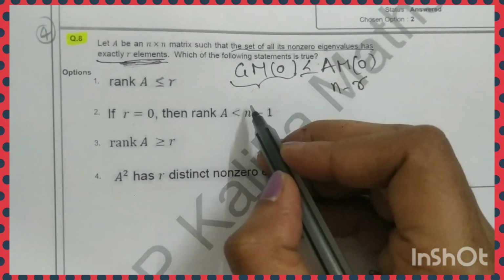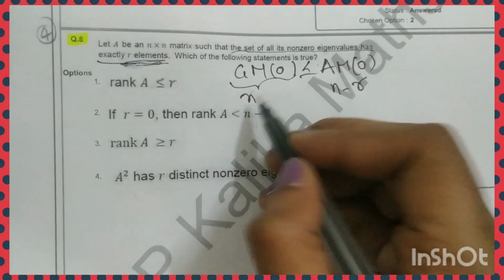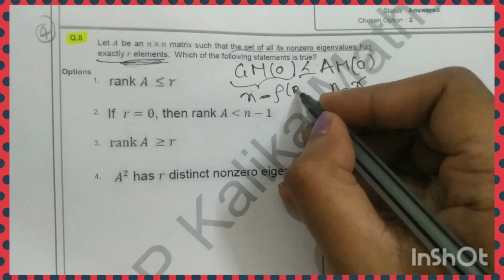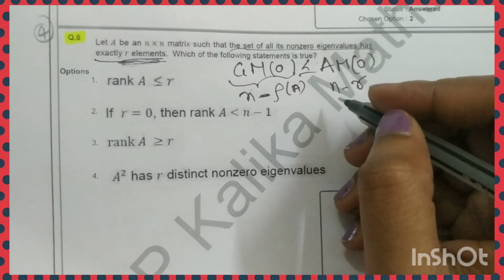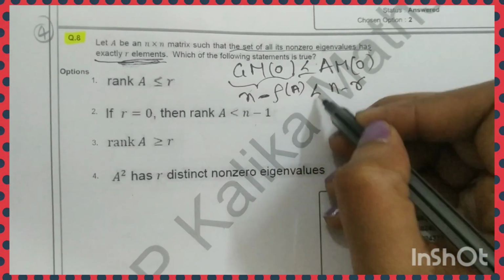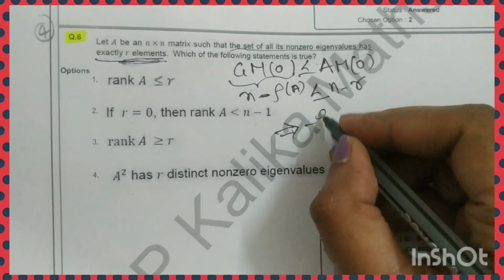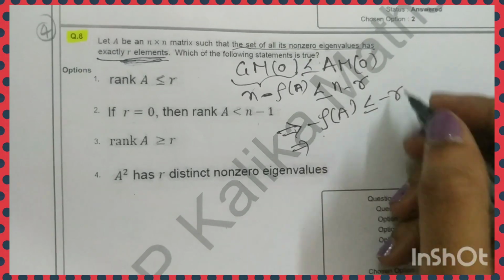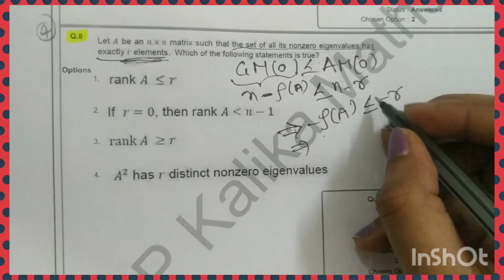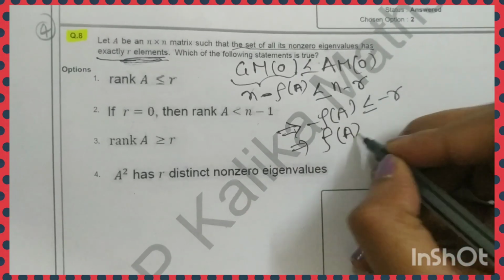It is N minus rank of A. So N minus rank of A is less than or equal to N minus R, which implies minus rank of A is less than or equal to minus R. As you know, when the sign changes, the inequality symbol reverses. So rank of A is greater than or equal to R.